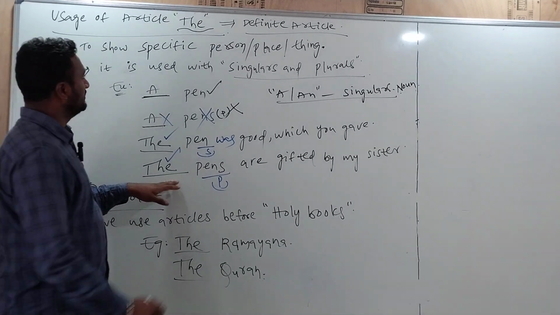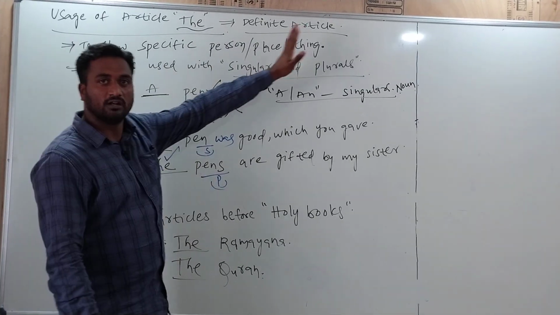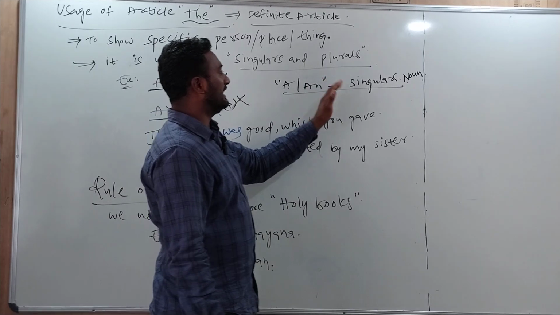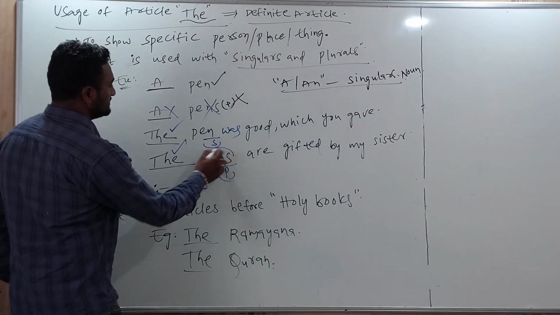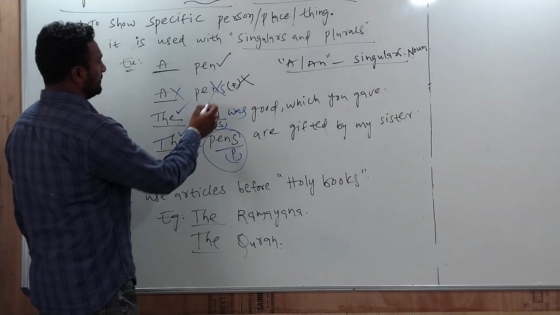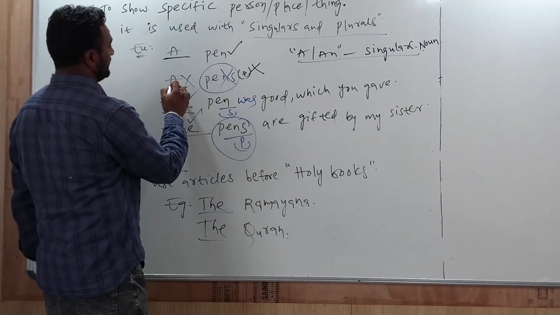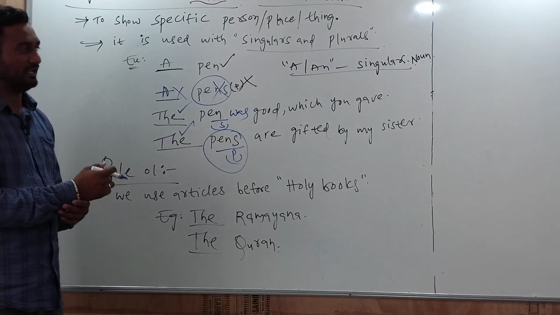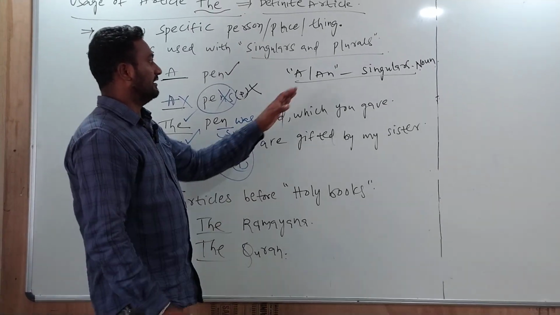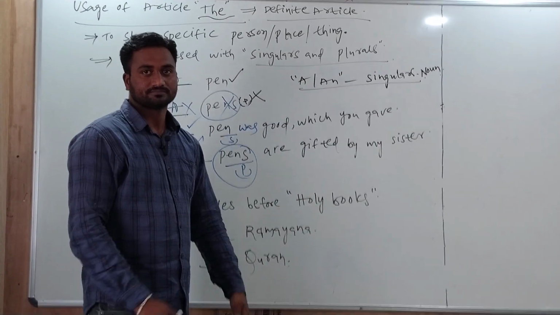What I mean to say is that the is used with singular and plural nouns, whereas article a and an are always used only with singular nouns. Even though pens is a plural form, I used the here. I couldn't use article a there because a and an are always followed by singular nouns only.